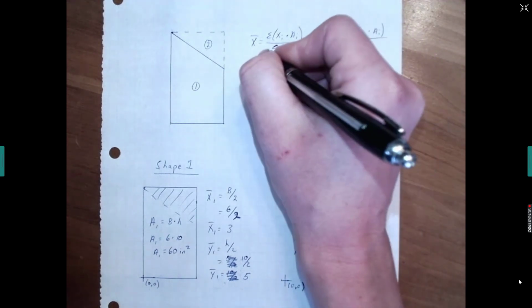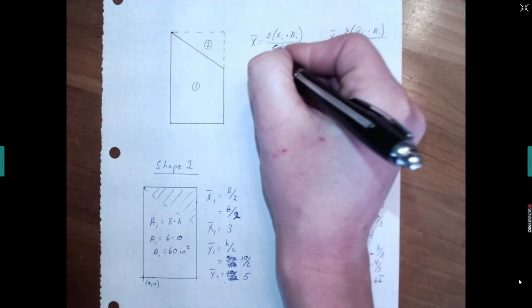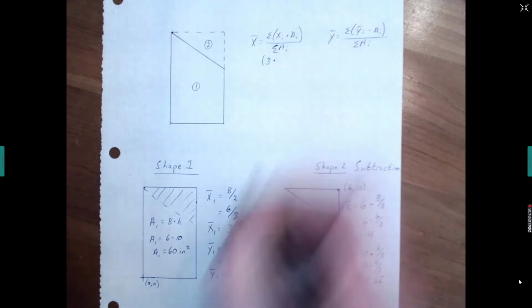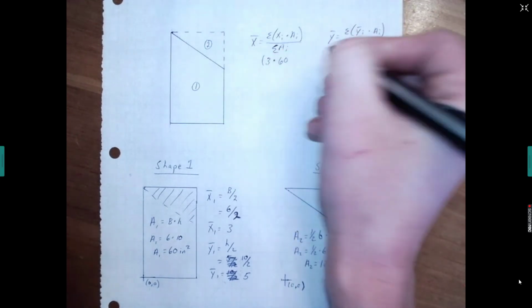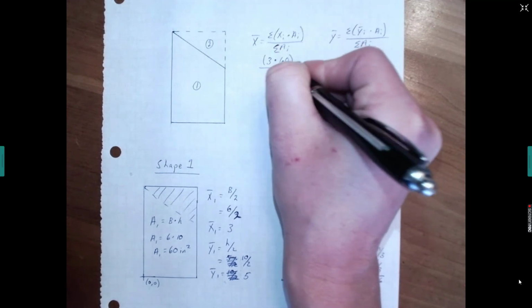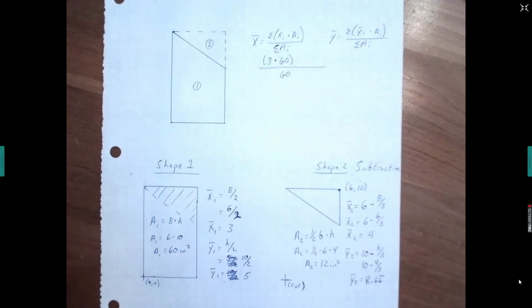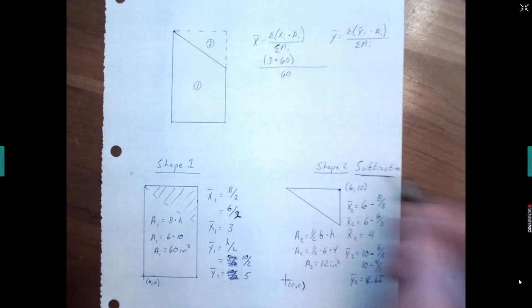So we'll take x bar of shape 1. X bar of shape 1 is 3 times the area of shape 1, which is 60, and then on the bottom we have the area of 60 for shape 1. But here, shape 2, remember, is subtractive.